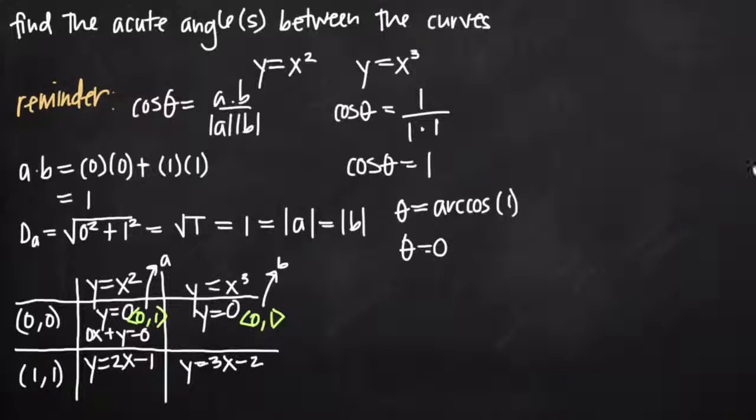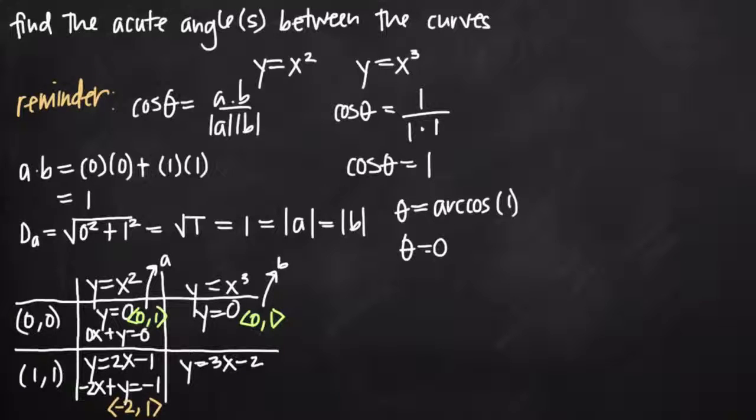So again, our component values here, if we transform this equation so we have our y and x values on the left-hand side, we'll subtract 2x from both sides and we'll get negative 2x plus y is equal to negative 1. We have our x and y values on the left and a constant on the right. And so what that's going to give us is the coefficient on x of negative 2, the coefficient on y of positive 1.